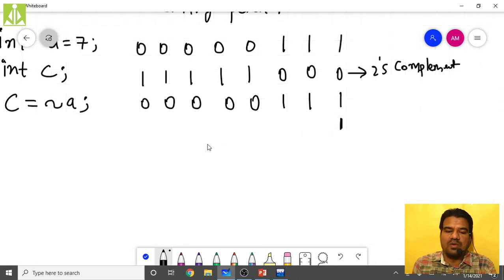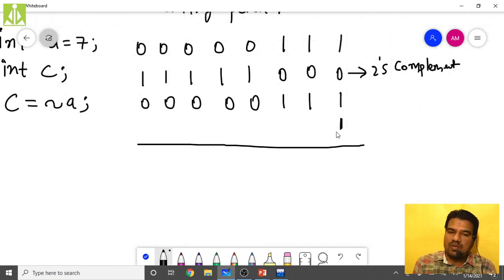So after adding 1, see what you will get. 1 plus 1 is 1, 0, then 1 plus 1 is 1, 0, then 1 plus 1 is 1, 0, then 1 will come over here.